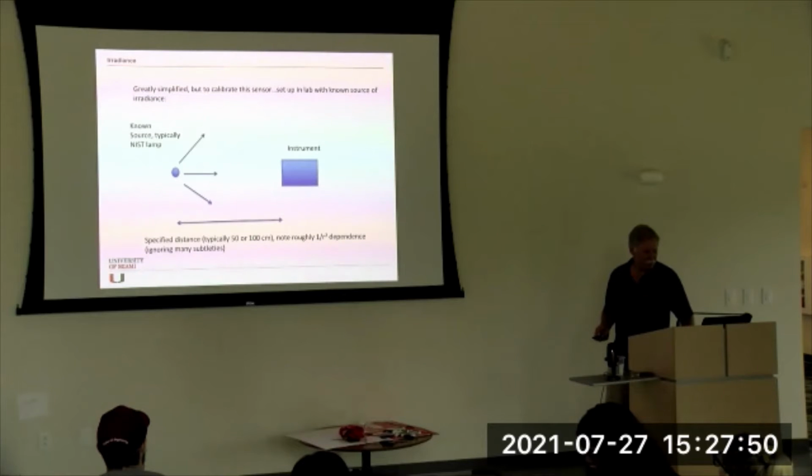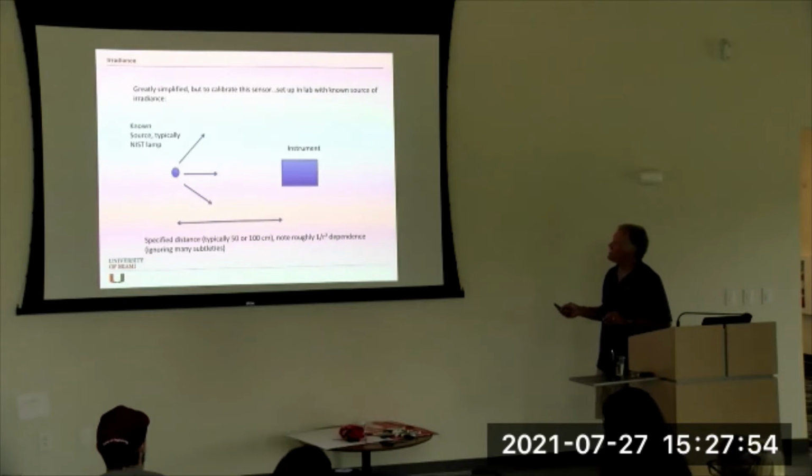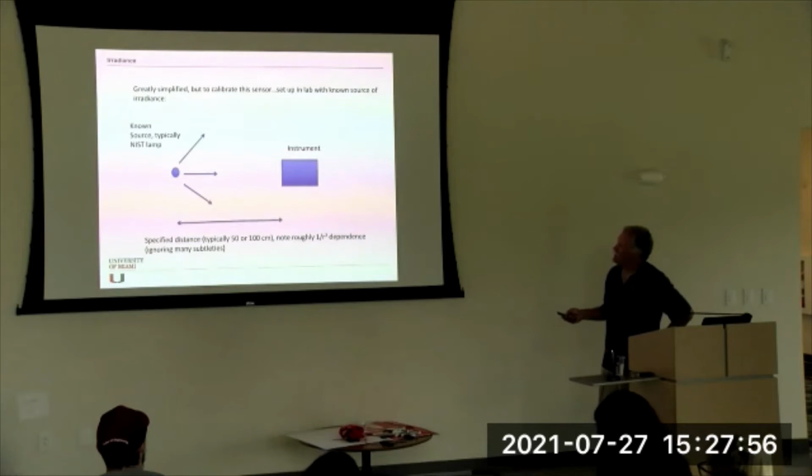So let's see. How do you calibrate an irradiance sensor? That's really easy, roughly. You have a lamp with known irradiance. You put your instrument at some distance, 50 or 100 centimeters. The lamps are typically calibrated so you know the irradiance at 50 centimeters. And if you use a different distance, you can assume that there's a 1 over r squared dependence.